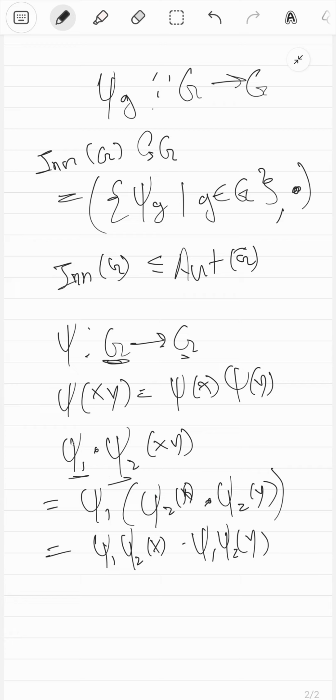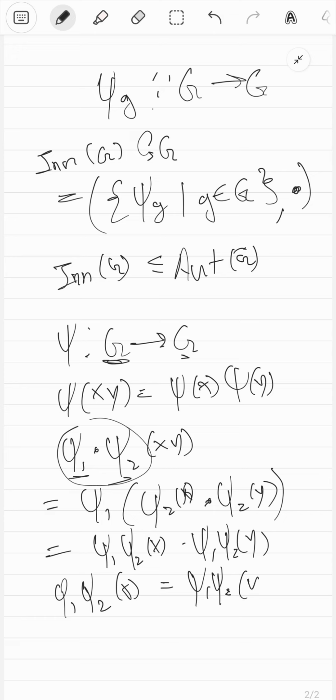So we just showed that psi1 psi2 is certainly a homomorphism, and obviously it's injective, because if psi1 psi2 of x is equal to psi1 psi2 of y, then you can cancel this thing, right, because of injectivity. But then you can cancel this thing as well because of injectivity of psi1 and psi2. So that means x is equal to y.